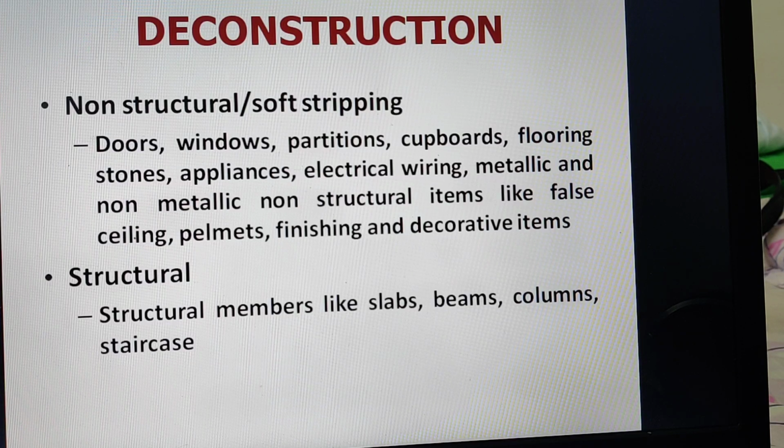The structural part, which can be recycled, may include concrete of the slabs, beams, columns and staircases, etc. Materials from non-structural parts can be used in other works if found reusable, and from structural members recycling is done, and then recycled materials can be used.